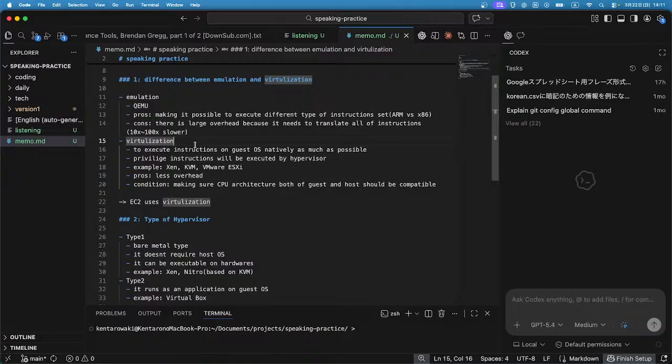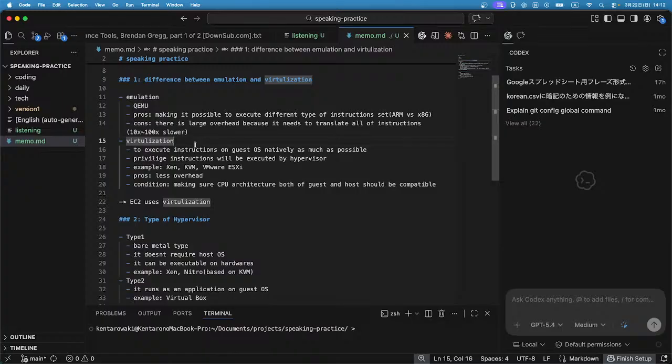Making it possible to execute software that uses one type of instruction set on a host OS that uses a different type of instruction set, because emulation translates all of the instructions, right?